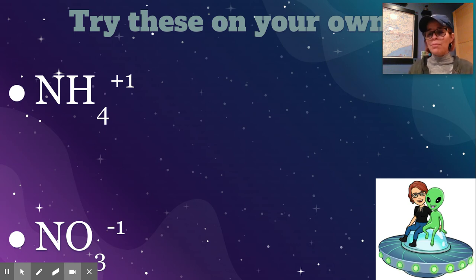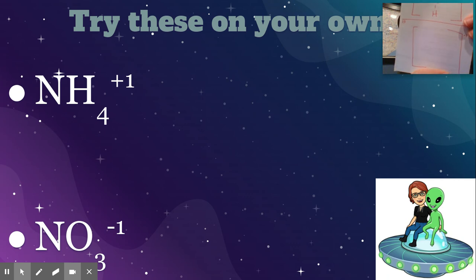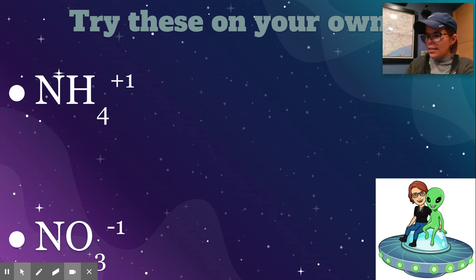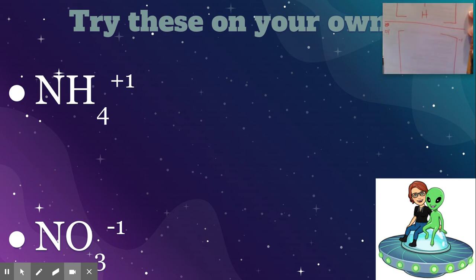So 6 times 3 is 18, plus 5 is 23. So I have 23 valence electrons, but it's a -1 ion. So I'm going to have to add an extra electron to my 23, and so I actually have 24 electrons that I'm working with.